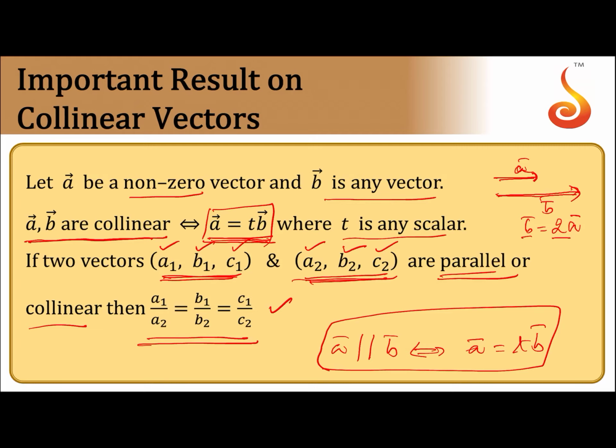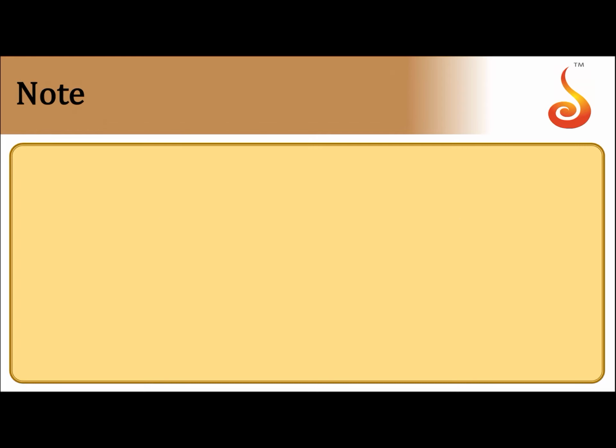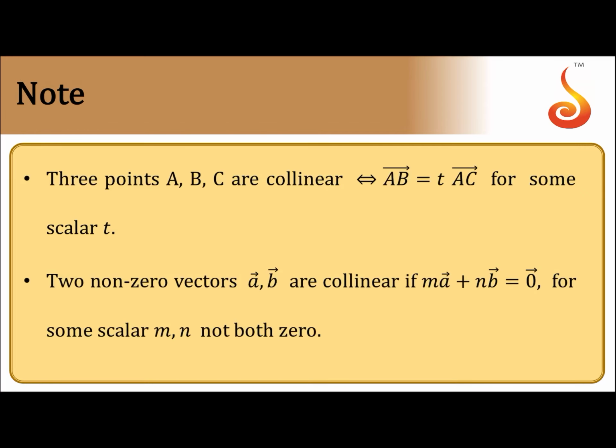Okay, let's continue with some other properties on collinearity. Most important one: three points A, B, C are collinear implies AB bar is equal to t times AC for some scalar t. It's so simple.